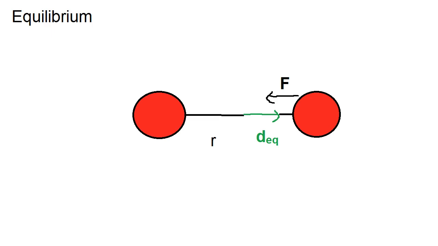Now, for mechanical systems, the simplest approximation for this system is that this force is proportional to this displacement from equilibrium. Mathematically speaking, we can represent this with a simple equation in which our force is equal to negative some proportionality constant times the displacement from equilibrium.